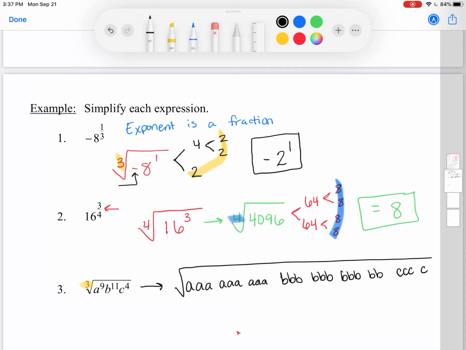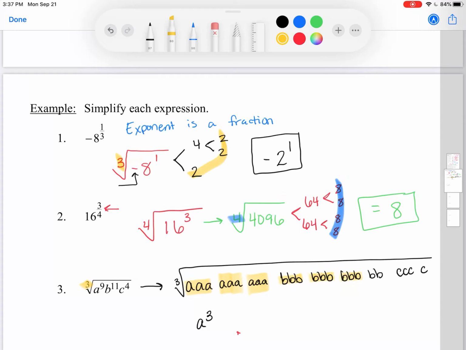And I'm doing that for a reason, and you'll see why here in a second. So then I'll put that root way back over there, and I'll put a 3. So when I go through these, I know that I have one group of 3 A's, another group of 3 A's, and a 3rd group of 3 A's. So I can take out 3 groups of A, and I have no leftovers.